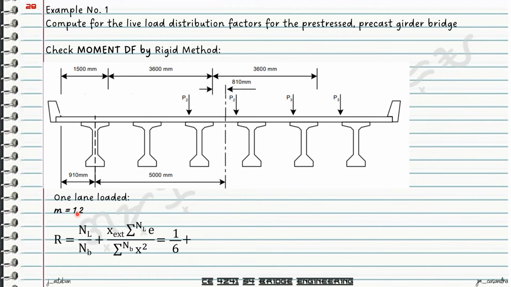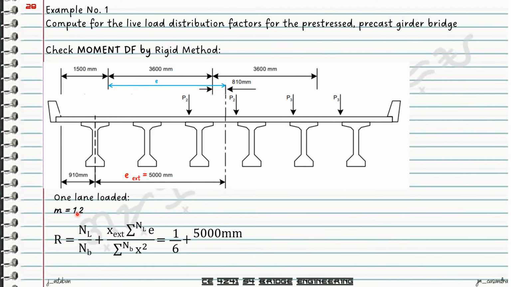So plus your exterior, which is the distance between the center line of the set of girders to the exterior girder. That's equal to 5,000 millimeters. So for your eccentricity, we only consider one vehicle, that's for P.